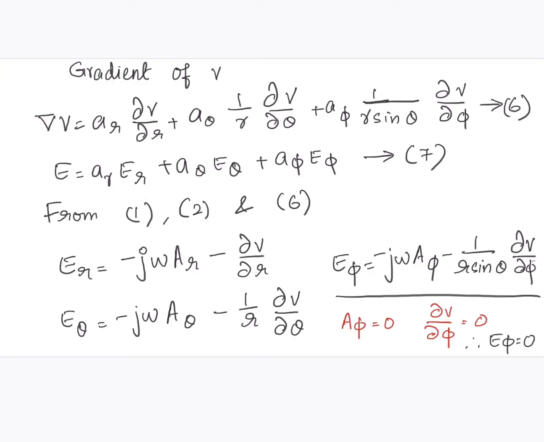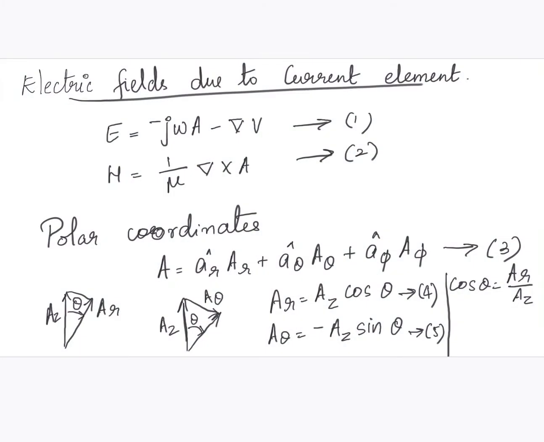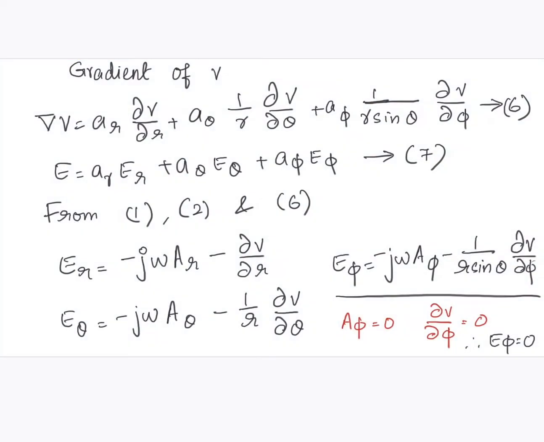Now if you combine all the three equations, that is 1, 2 and 6, with all the A components considered and substituted into this equation, we can write each of the components E_r, E_theta and E_phi. E_r will be equal to minus j omega A_r minus dou V by dou r.